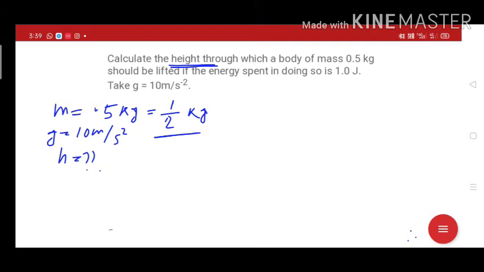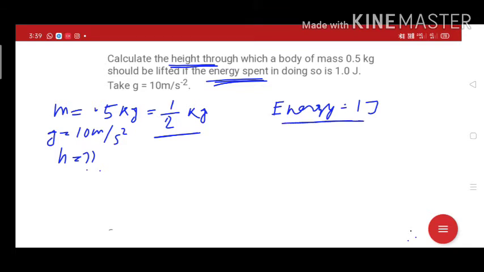And read the question. Calculate the height through which a body of mass 0.5 kg should be lifted if the energy spent, so this line is important, is 1.0 joule, means 1 joule.